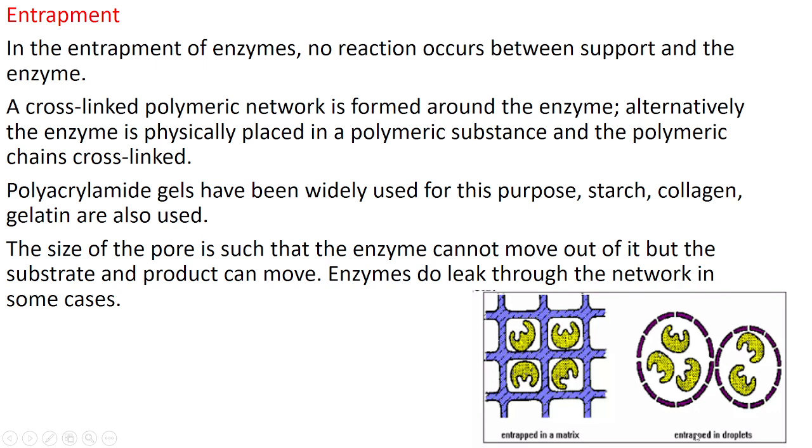So the pore size should be such that the enzyme is not able to come out of it, but the substrate can come into the entrapped structure, react with the enzyme, form the product, and the product can escape out of the structure. So the enzyme cannot move, but the substrate and product can move in and out. But in some cases, if the pore sizes are slightly bigger, the enzyme might leak out of the network.